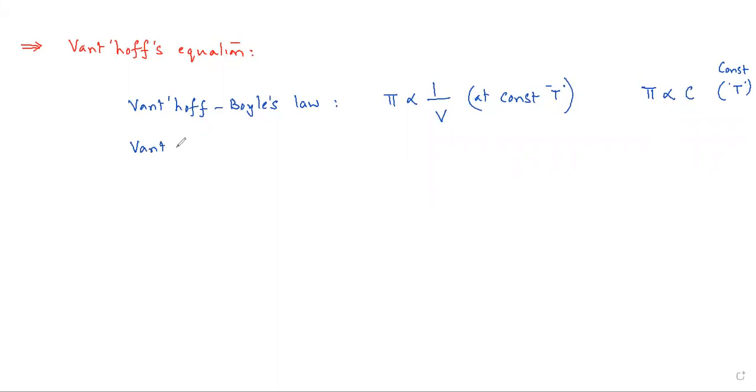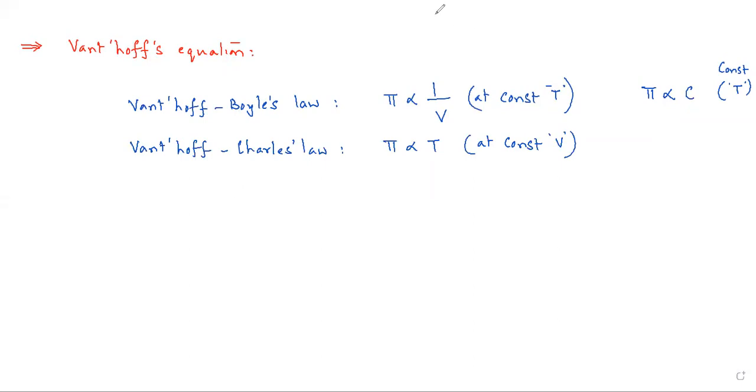Now, take Van 't Hoff's Charles law. Pi is proportional to T at constant volume.